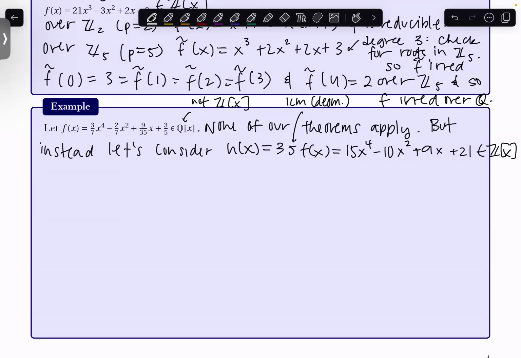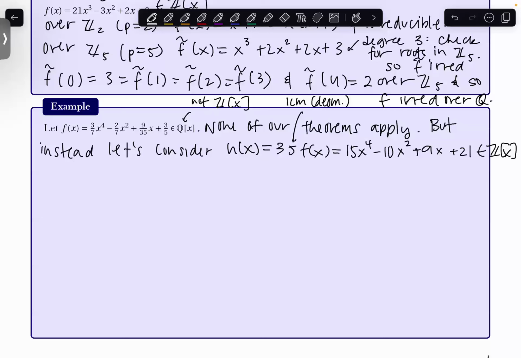And really, because I'm working in a field, I can put a 1/3 being multiplied on both sides. And so if I can factor h, I have to be able to factor f. And if I can't factor h, then I can't factor f. So all the information about f is really held in the multiples of f, as long as I'm not multiplying by 0, because then I lose all the information.